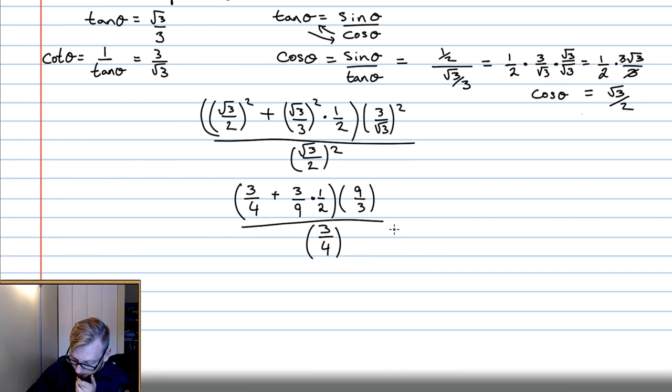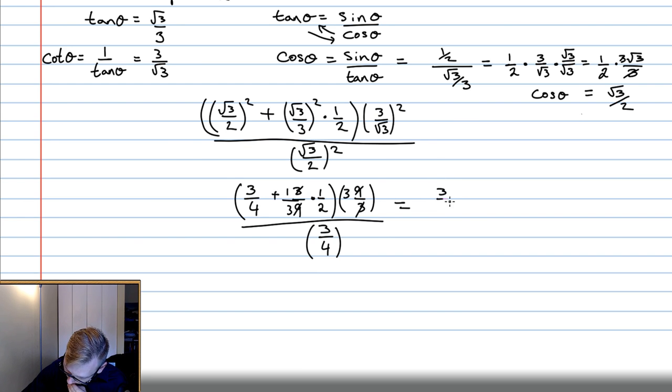Okay. And then what do we do? Well, we will simplify a bit. So the 3 and the 9 cancel. We've got a 3 on the bottom, so 1/3. And this 9 and this 3 will cancel, so we got 3 on the top. And that's it for that.